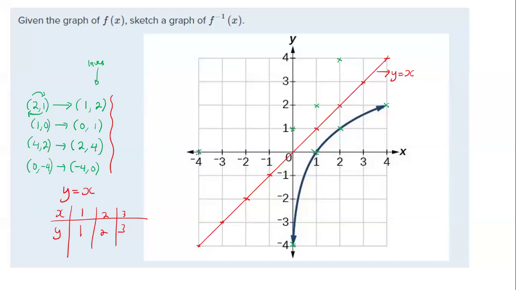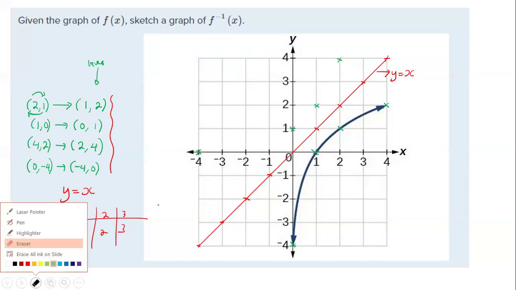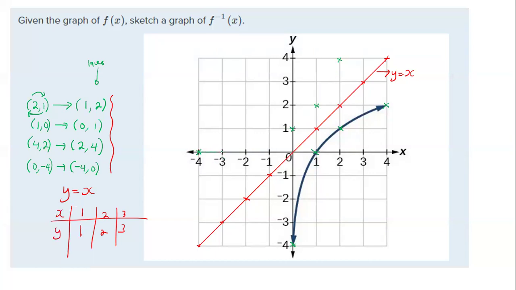Negative 4, 0 is here. Since this was a curve, you must also draw the curve very well. So it was curving. Allow me to curve a bit, and I hope mine will also come out. Okay, you can draw a better one. Let me give it another try.